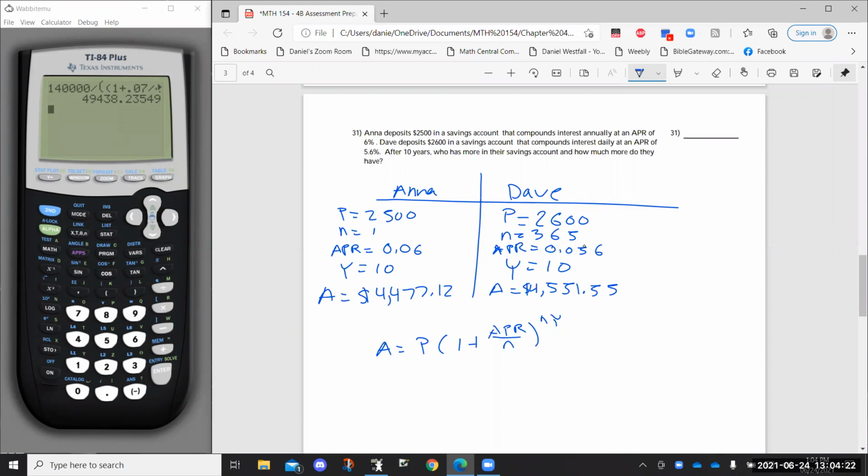So Dave has $74.43 more than Anna in 10 years, right? So there we go. That's everything for 4B. And we'll move on to 4C next time.